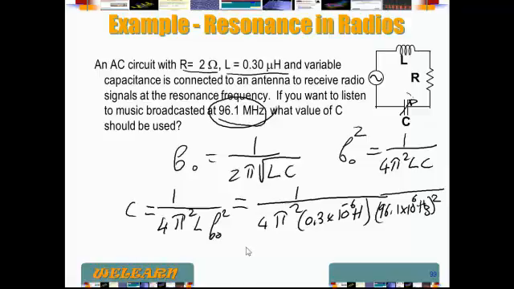This comes out, if you do the calculation, as 9.1 times 10 to the minus 12 farads. It's a very small capacitance.